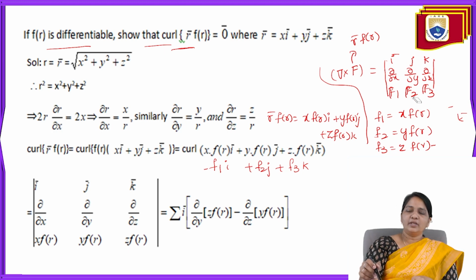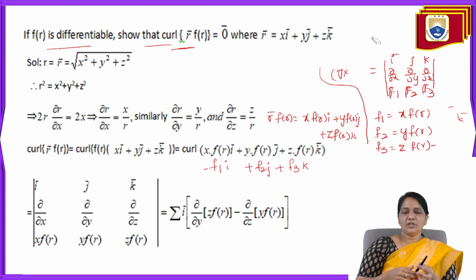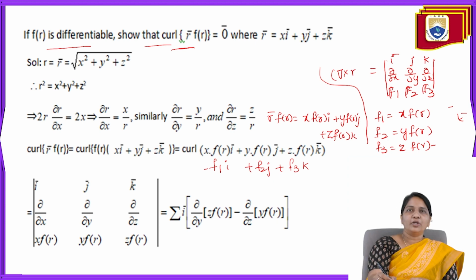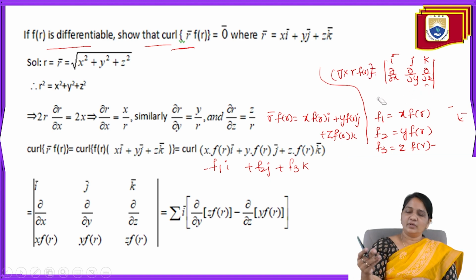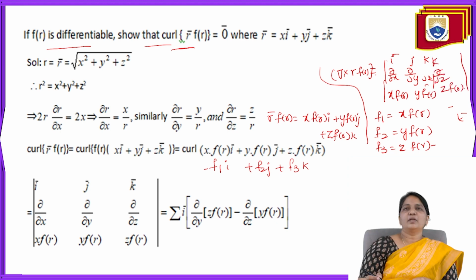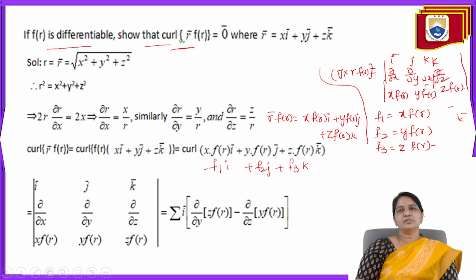So in place of f, we write curl of r into f of r. In place of f1, f2, f3, we will write x into f of r, y into f of r, and z into f of r.